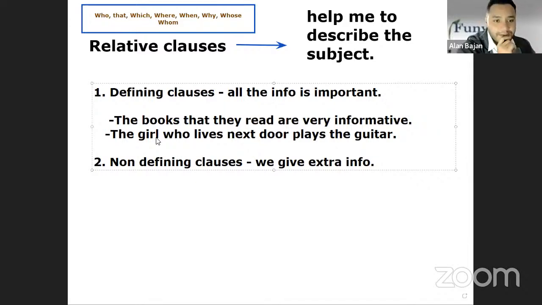But you can say my dog that or which is playing with the ball. That would be a defining clause. The teacher Liz who teaches values class is our controller.